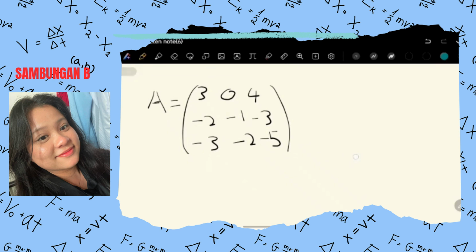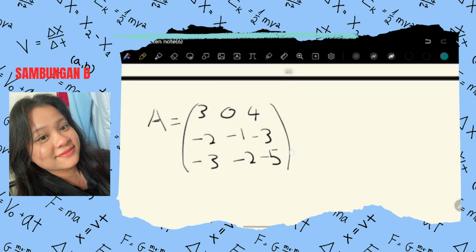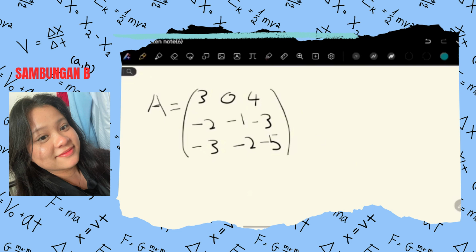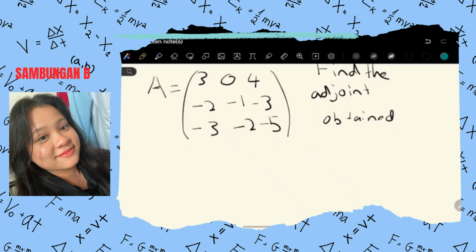Okay, given that the matrix is this, first we need to find the adjoint of the matrix. The adjoint is obtained by taking the transpose of the cofactor matrix.